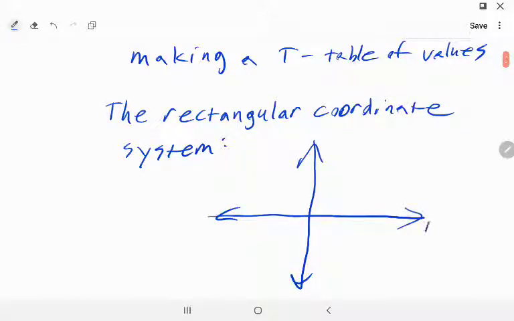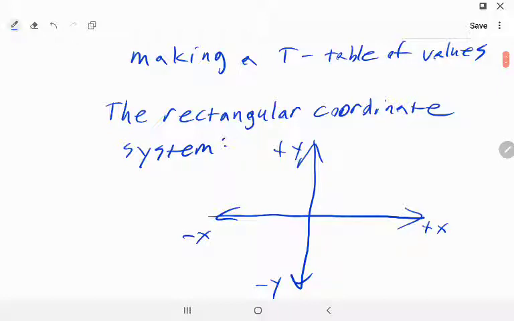And so we'll typically think of that as the positive x-axis, negative x-axis, positive y-axis, negative y-axis. So above the horizontal line is the positive y-axis, below the horizontal line is the negative y-axis. To the right of the vertical line is the positive x-axis. To the left of the vertical line is the negative x-axis.